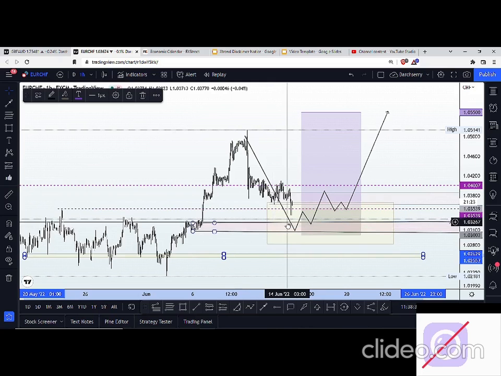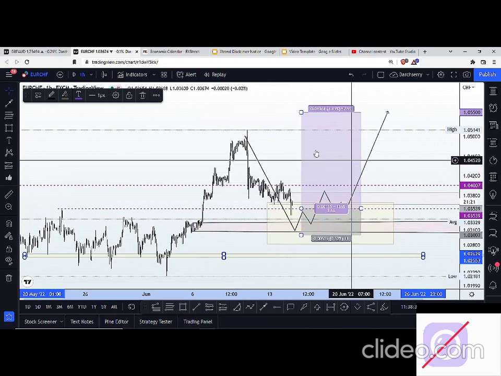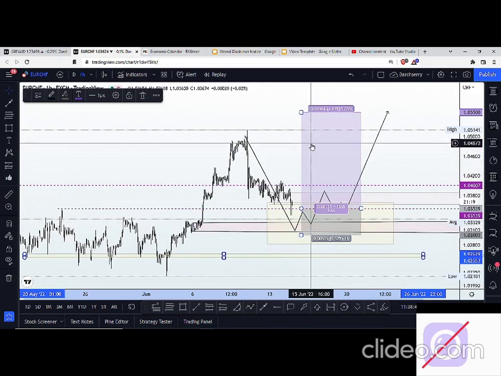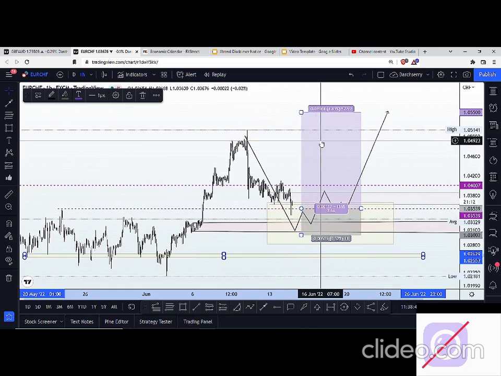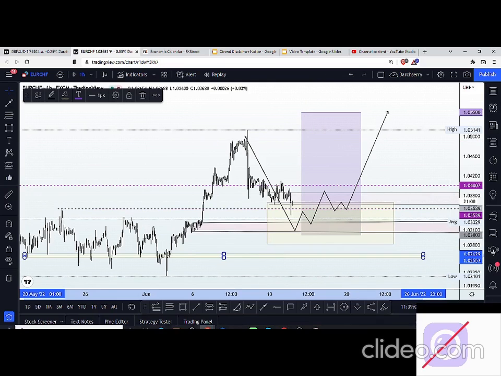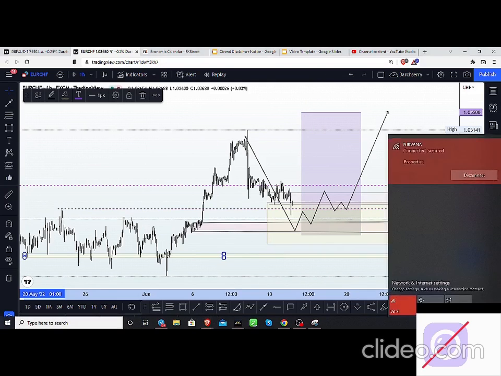So on the Euro CHF, we have our take profit target sitting at 1.05500, and for now, with where our entry point is at this point, that's around 200 pips from there. So this is my expectation here on the Euro CHF, and let's see how price plays out as we head into the New York session in a couple of hours.